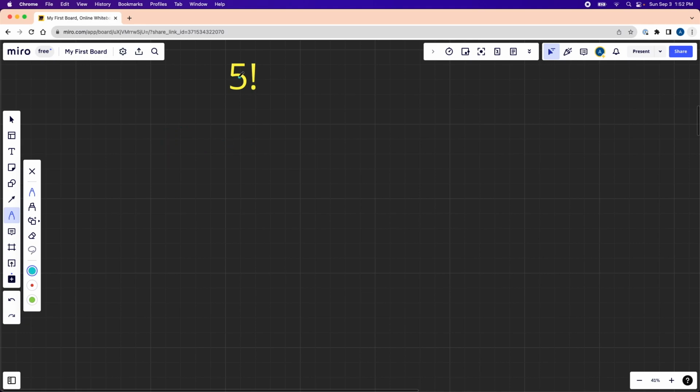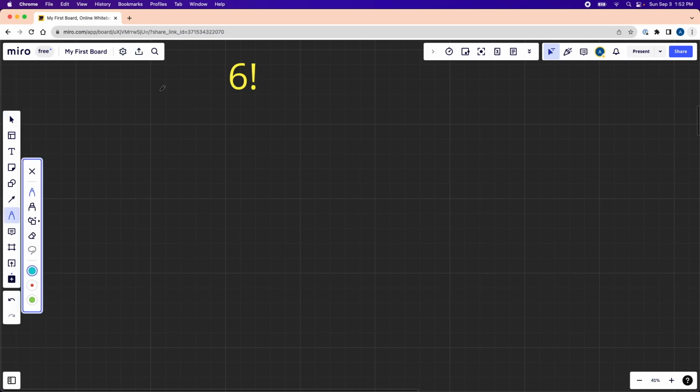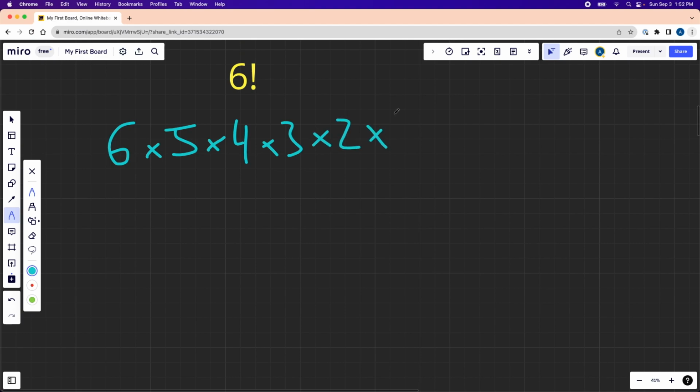Let's say we want 6 factorial. Again, all we're saying is multiply all the numbers underneath it. So I'm going to say 6 times 5 times 4 times 3 times 2 times 1. Same thing: I'm going to take 6 times 5, and that's going to equal 30.